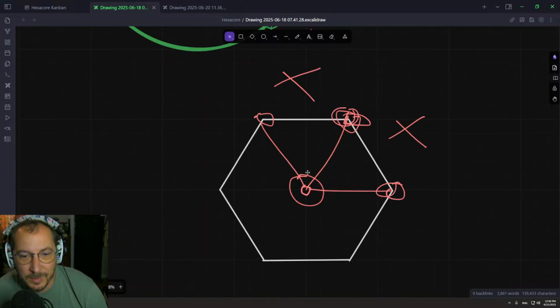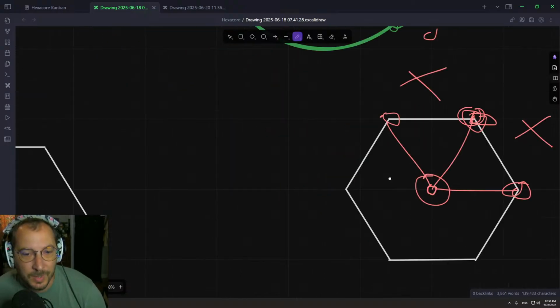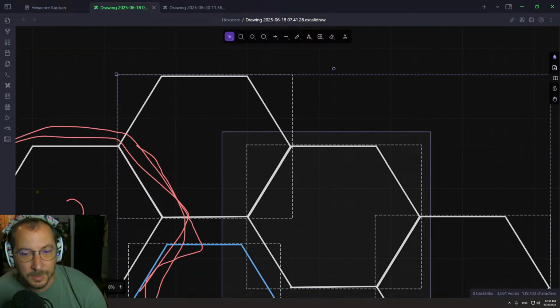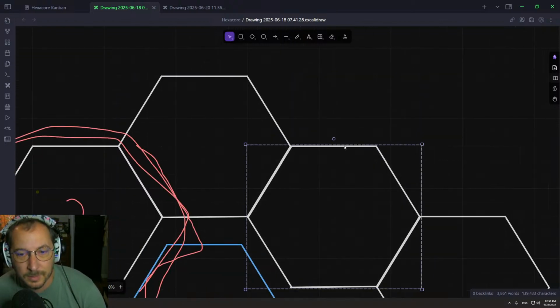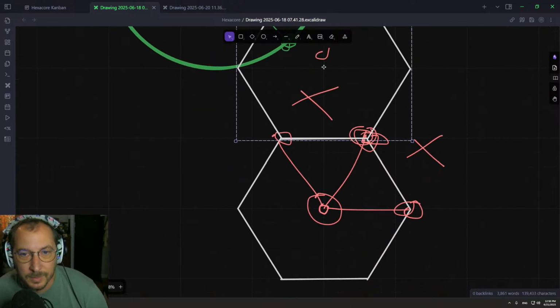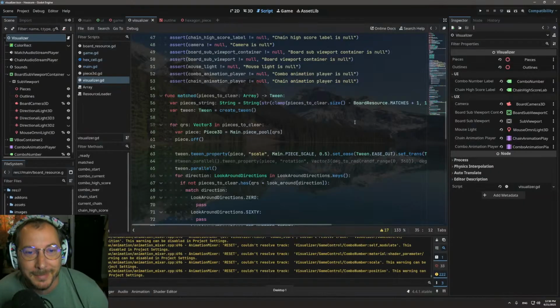Because if we know that, then we know that the distance between two hexagons right on top of each other is 1. So 1 to here, 1, 1. So does that literally make us half? Is 0.5 the radius, and we just travel around that? I don't know. Let's try that.